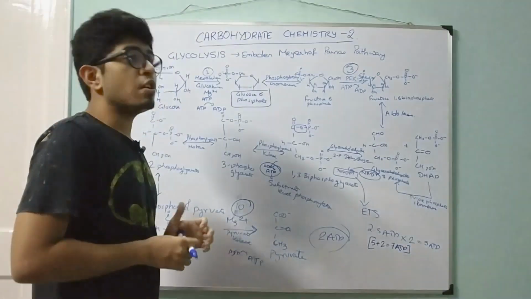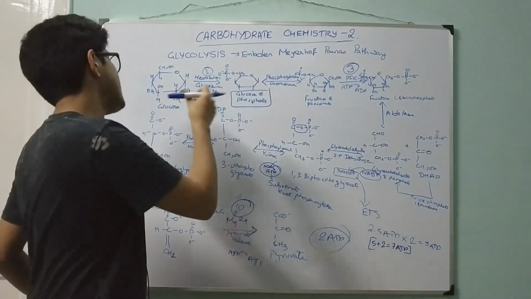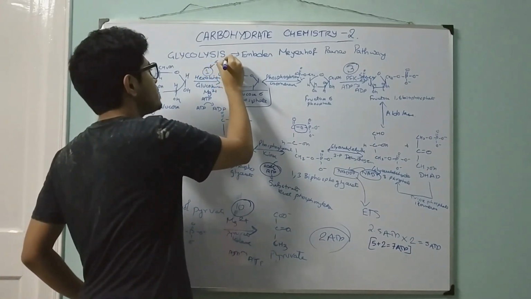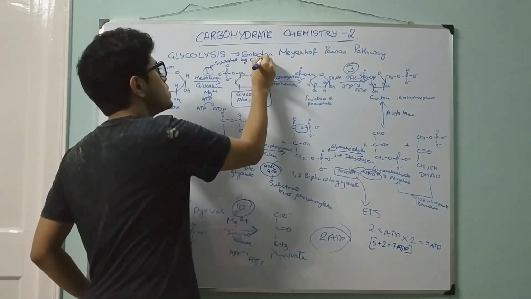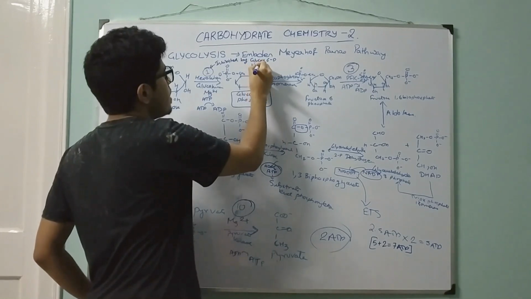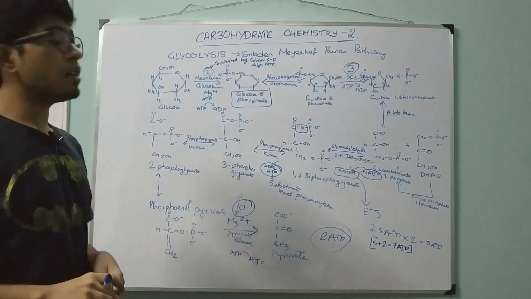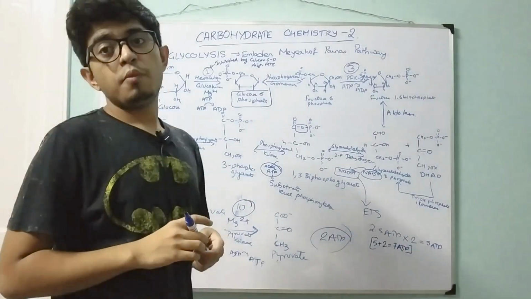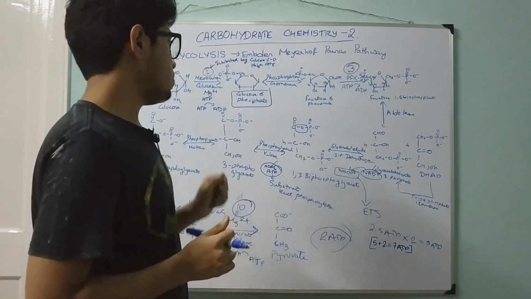When the concentration of ATP is high, this hexokinase molecule is inhibited. So it is inhibited by glucose 6-phosphate and by high ATP. Similarly, hexokinase is stimulated by high AMP, which is an indicator that the cell's metabolic energy is low.